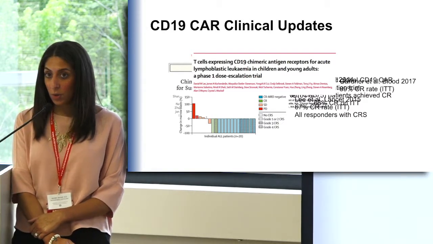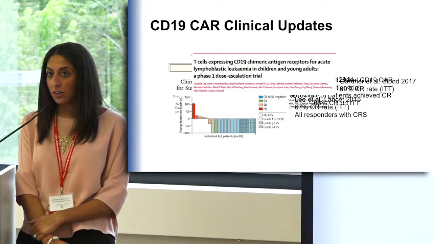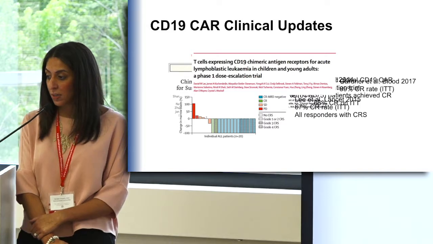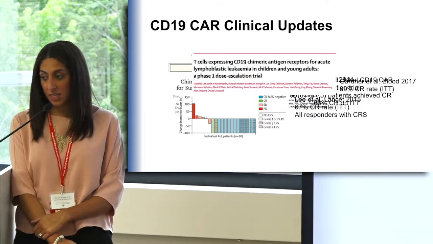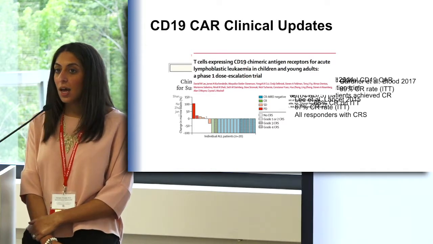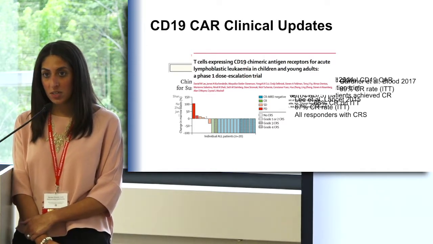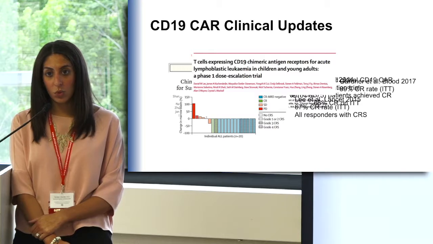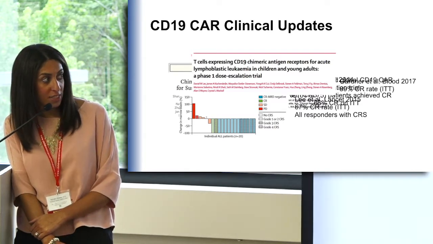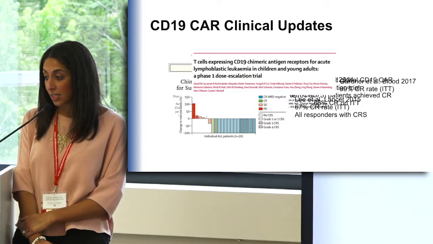And then you heard about the group from Seattle. Rebecca Gardner et al. is the pediatric person running the pediatric trials, and this was her intent to treat analysis of CD19 CAR T cells. She is from the group that uses CD4 and CD8 cells in a 1-to-1 ratio, and they saw an 89% CR rate in this intent to treat analysis.